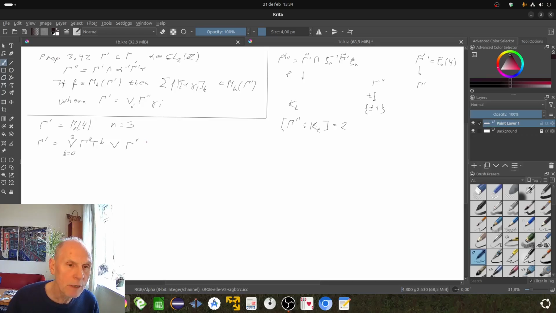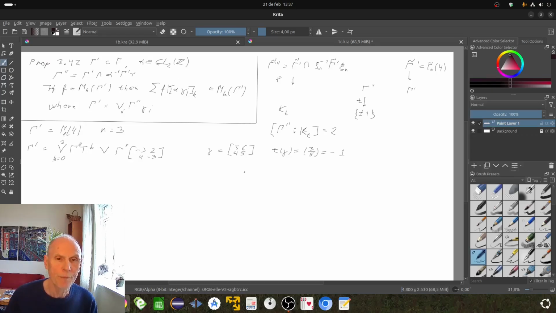There are many possibilities. I just chose -3, -3, 4, 2. We must find one matrix that is not in the kernel, that maps to -1, and that should be easy. I have it right here, I think. So that means that gamma doesn't lie in the kernel. So we have index 2, and that means we can write up all the right-hand side classes.